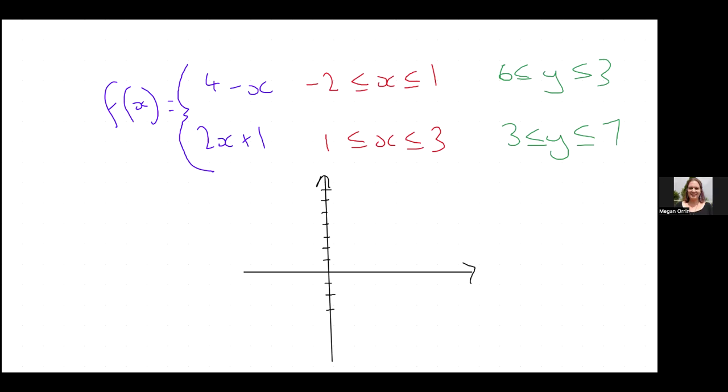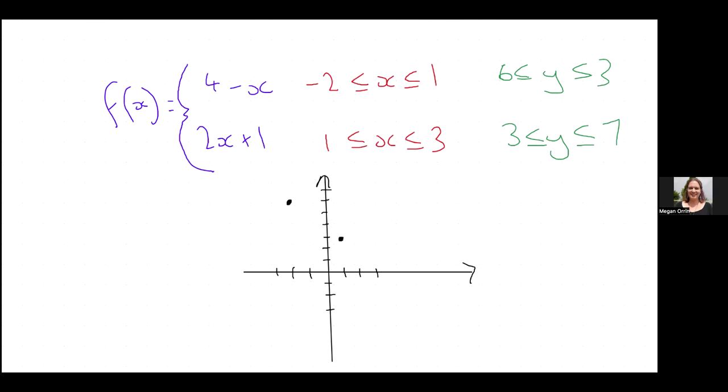And I need to go between -2 and 3. This graph starts at -2 and 6, that's that point. And then it finishes at 1 and 3.